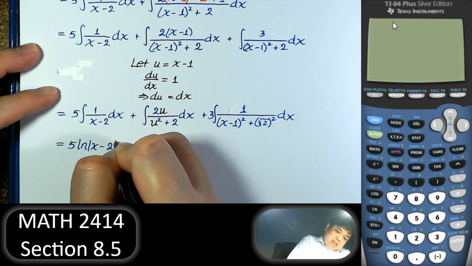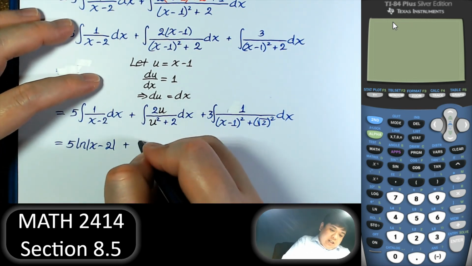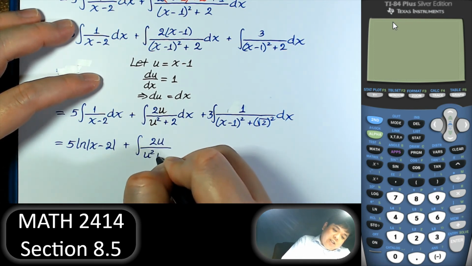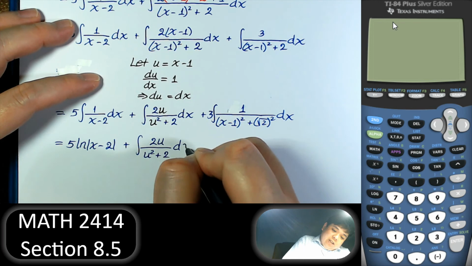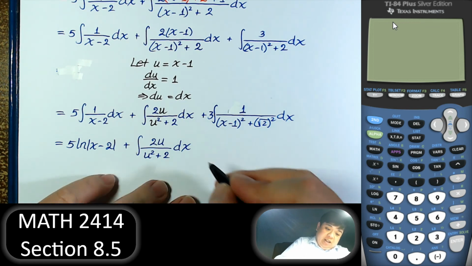So that's easy. Now, this one actually is not that bad. We can just use the substitution. Let v equal to the bottom, and then the top is the derivative of that.